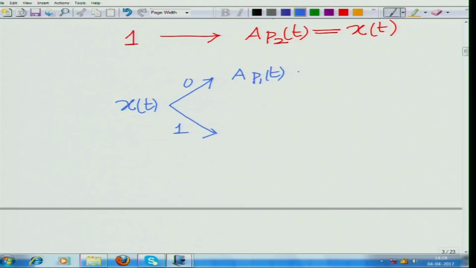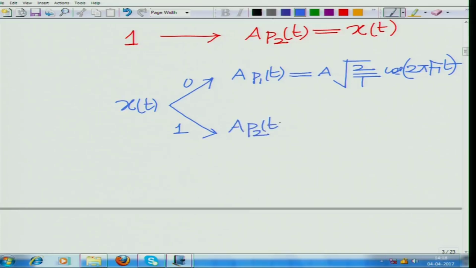This is A times P1(t), which is A times square root of 2 over T cosine 2 pi f1 t, and corresponding to 1, this is A times P2(t), which is A times square root of 2 over T cosine 2 pi f2 t.